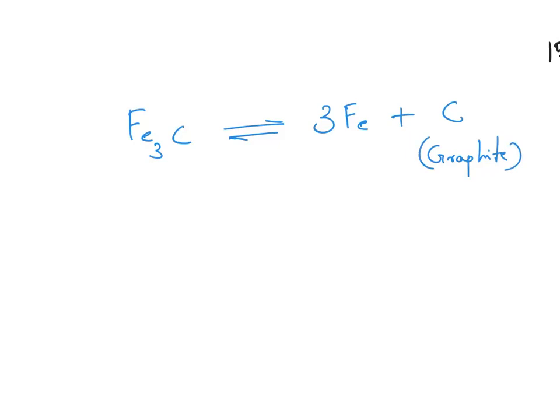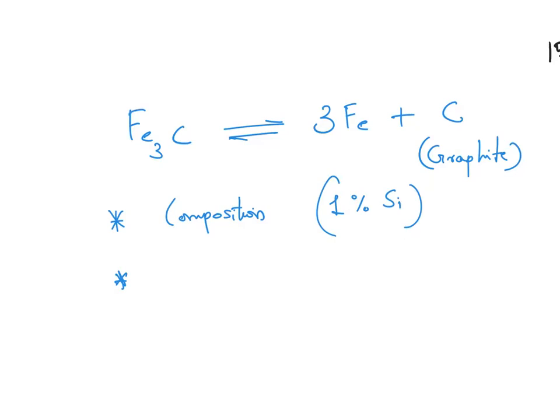The tendency of this particular reaction depends upon certain things. The first thing is the composition. For example, if you have more than 1% of silicon in your alloy, then the probability of this particular reaction occurring is far more.